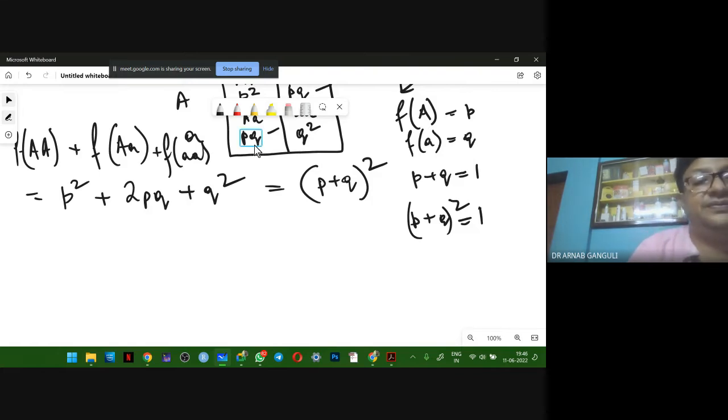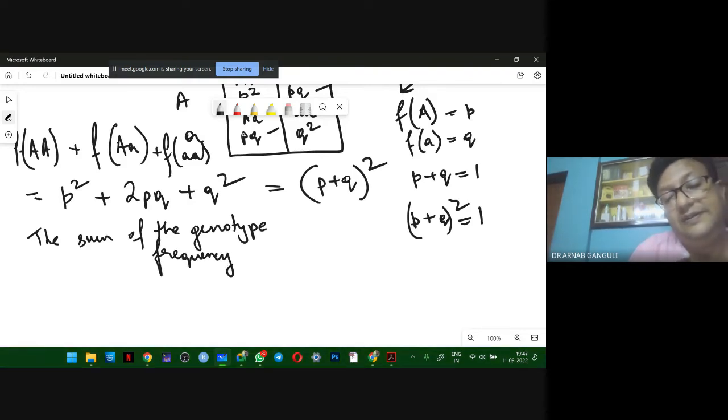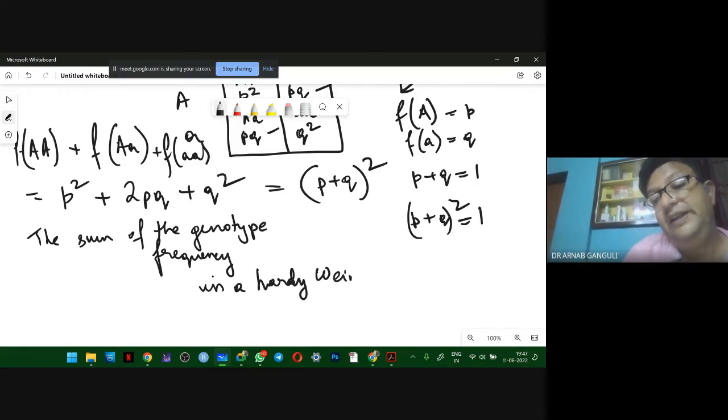So the sum of the genotype frequency in a Hardy-Weinberg population is 1.